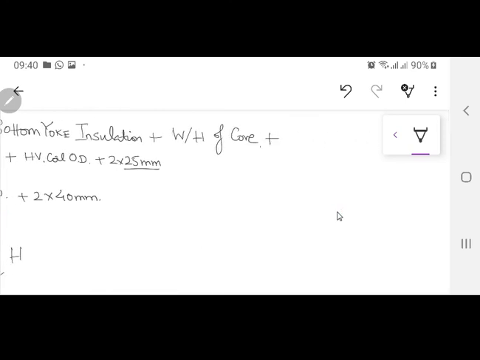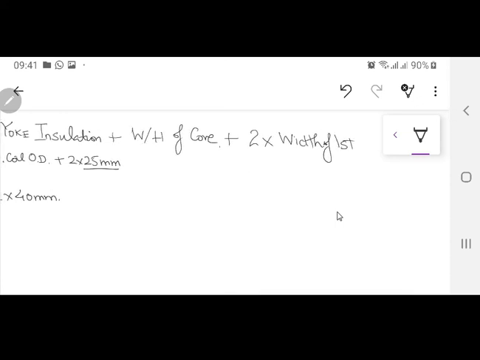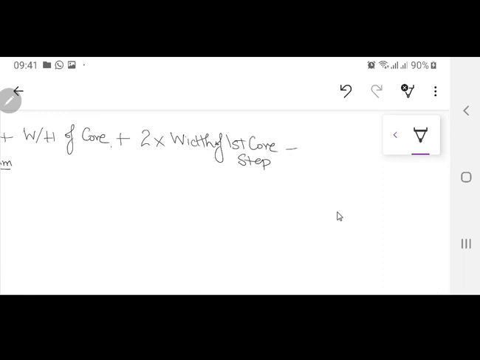And then the next thing to add is actually 2 times the width of the first core step. Okay, same thing, nothing changed as such. And then there is 20 mm distance added over there as a little vertical distance.